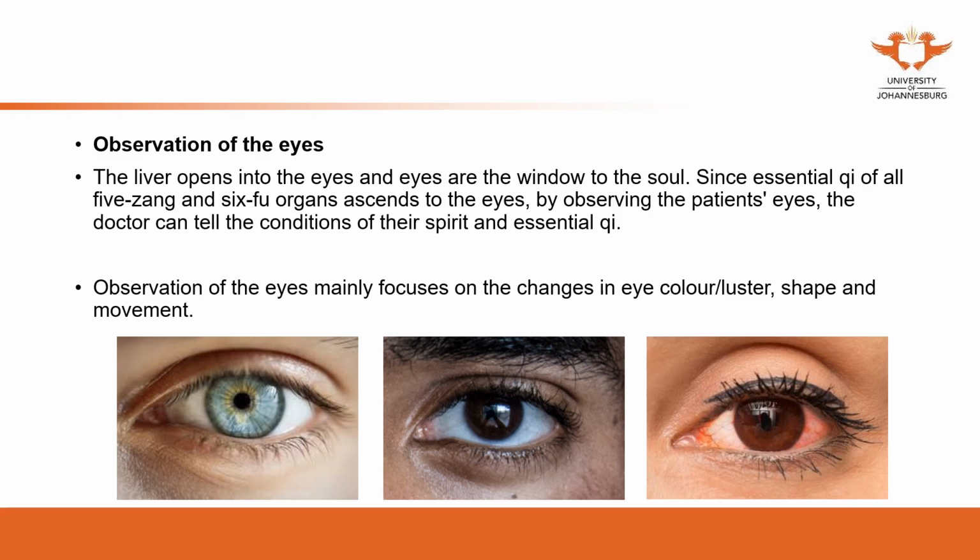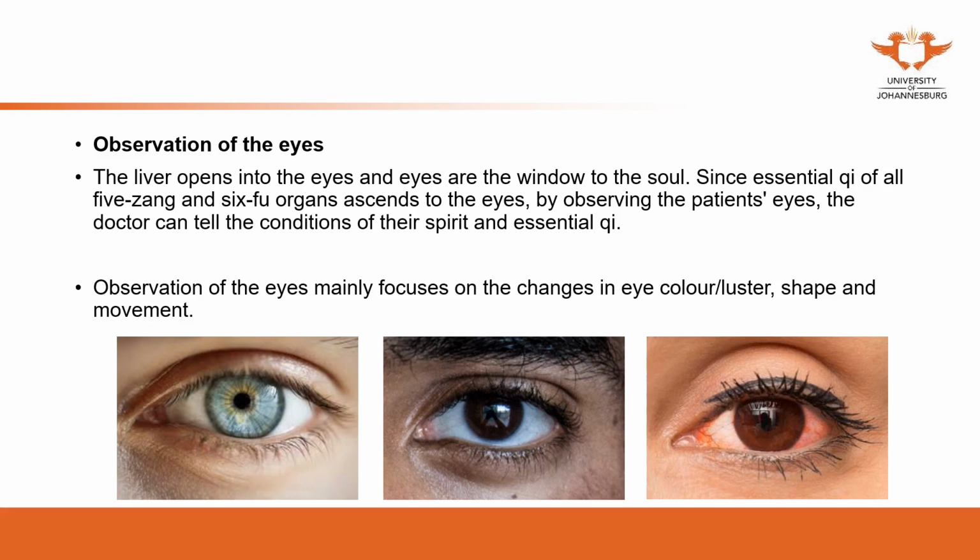So the first one is the eye spirit. We're not going to mention the eye spirit a lot here, as it is the same as the spirit inspection at the beginning of the inspection. As you can see from your textbook, the colors are described as brown, because the textbook is based on Asian people.